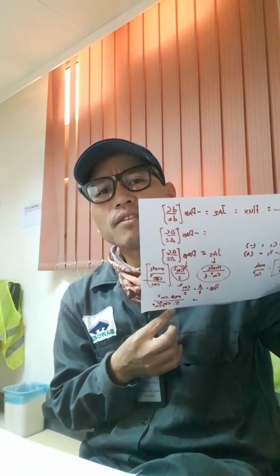Let me make it clear because there are too many erasures here. Mole per cubic centimeter over delta Z, which is centimeter.